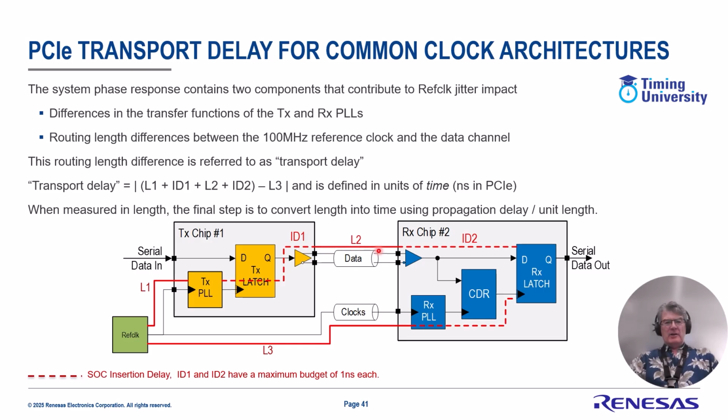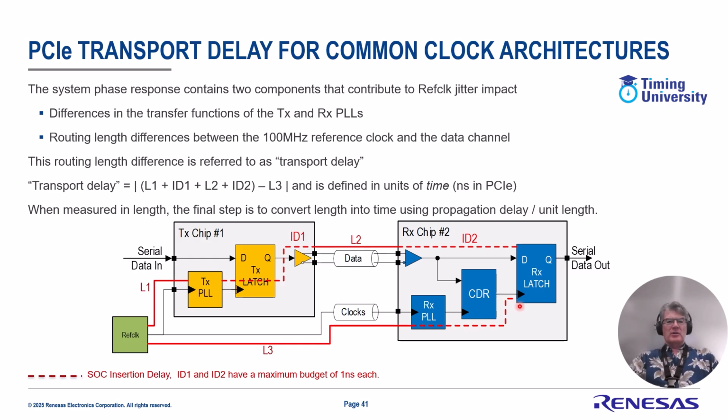There's the length of routing physically outside the transmitter on this PCB to get to the receiver. There's the insertion delay at the receiver chip. And then on the other side, we take the ref clock and we follow its PCB route to the receiver chip itself and then through the device to the receiver latch.